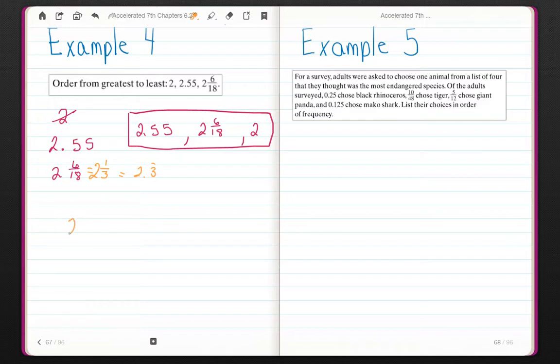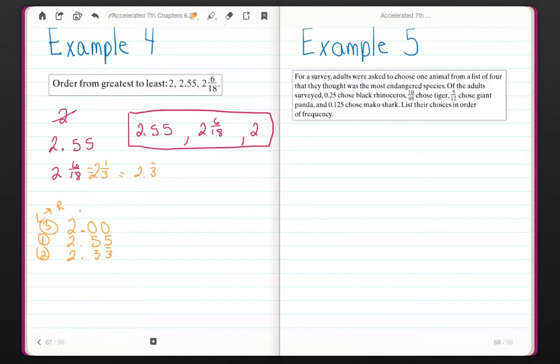So if I order these, 2.0, 2.55, and 2.33 repeating, well, I can't tell from the 2 because I always compare left to right. So the 2's I can't tell, but I see that the 5 has the greatest number in the tenths place, so it goes first. The 3 is the next greatest, so it goes second, and the 0 is last.